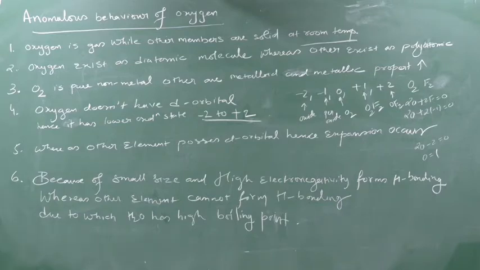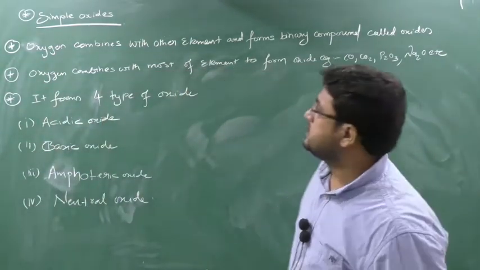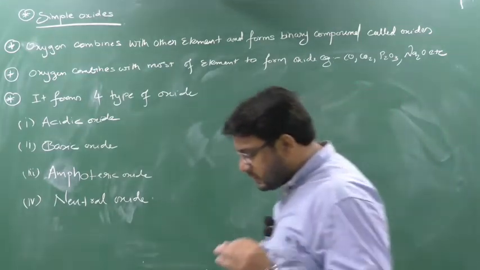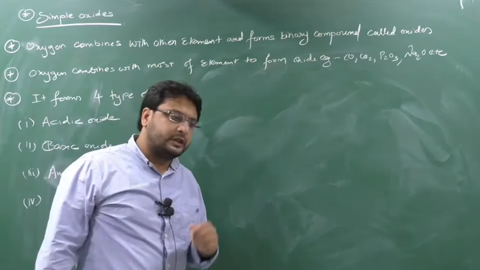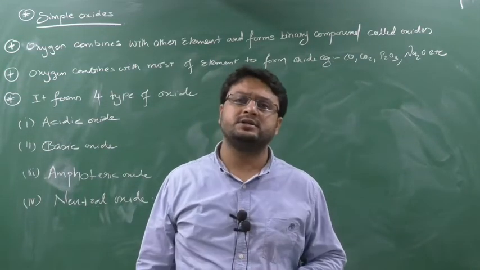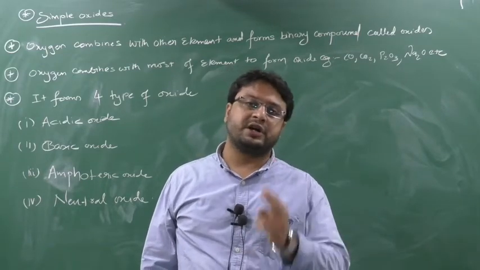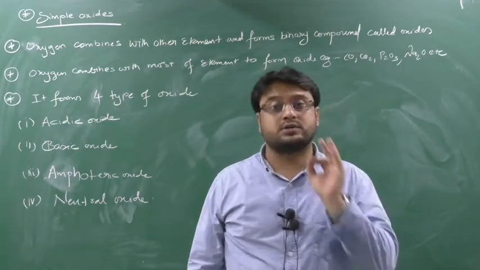We will go to the next topic, that is oxides of oxygen. So next we are going to see simple oxides. See here, the oxygen element will combine with metals, non-metals or metalloids. It combines with a number of elements and forms binary compounds, meaning compounds which contain only two elements, and that type of binary compounds are called oxides.